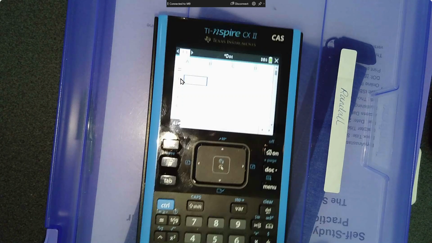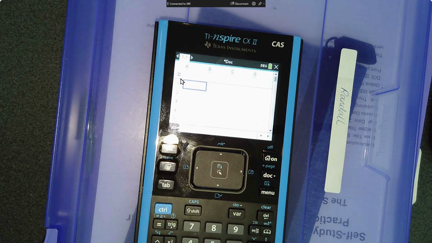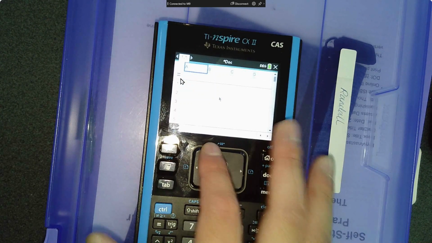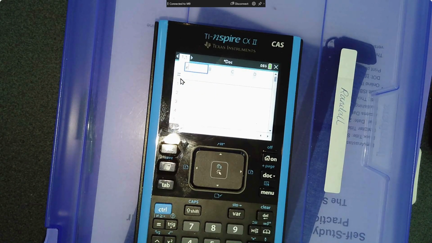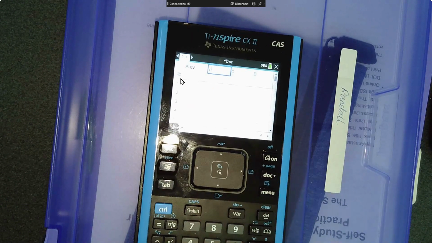Okay, you need to give your data some names. So because I'm so creative, I'm going to call column A EV and column B RV, for explanatory variable and response variable. Name your columns.